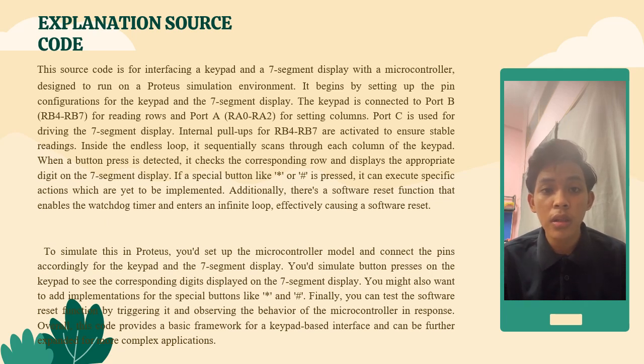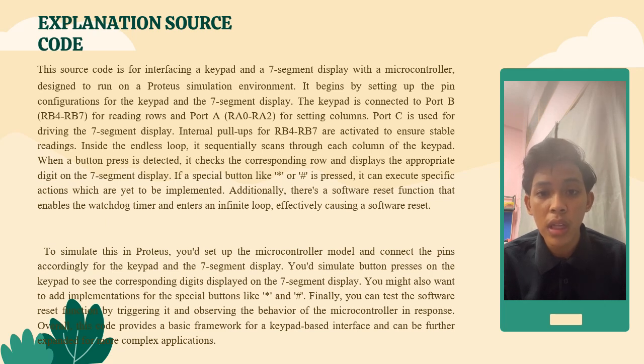To simulate this in Proteus, you set up the microcontroller model and connect the pins accordingly for the keypad and 7-segment display. You simulate button presses on the keypad to see the corresponding digit displayed on the 7-segment display. You might also want to add an implementation for the special buttons like star and hashtag.